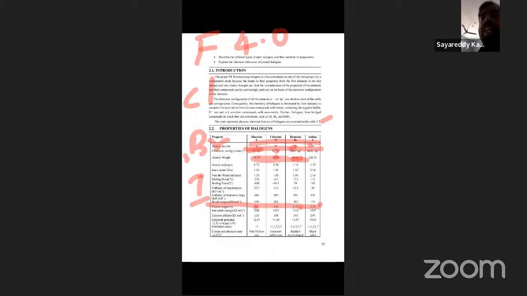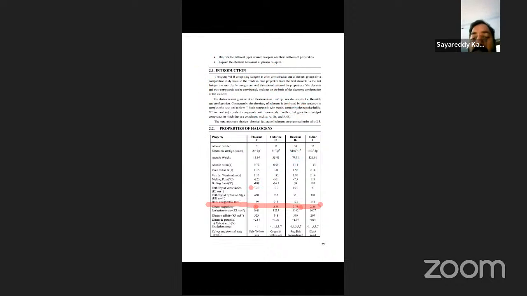Chlorine is 2.85, second highest. Bromine is 2.75, and iodine is 2.20. From this, what we understand is that in the group, electronegativity decreases from top to bottom.